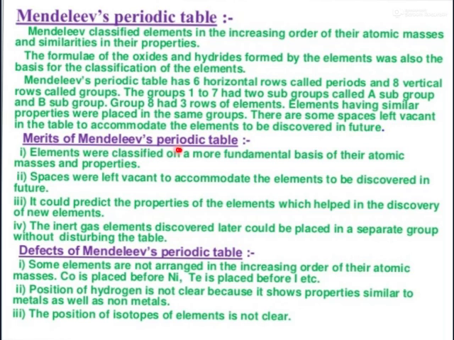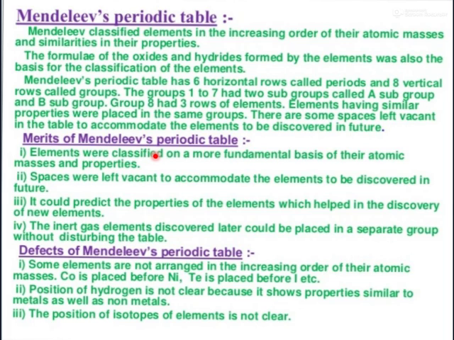Now, the merits of Mendeleev's periodic table means: what are its good points? Elements were classified on a more fundamental basis, on their atomic masses and properties. Earlier we observed that it was Dobereiner and Newlands, but they arranged the elements only on the basis of their atomic masses.